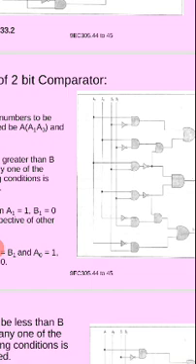Here the circuit is given. The bits are A0, A1, B0, B1, because it is a 2-bit comparator.